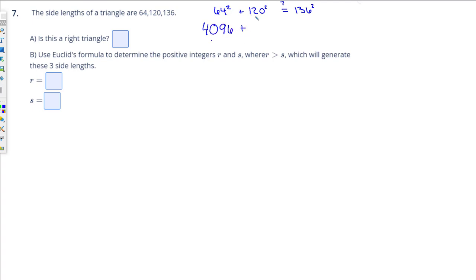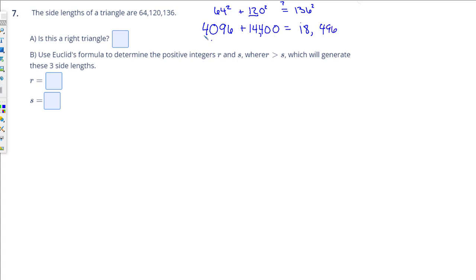4,096. 12 or 120 squared is going to be 12 squared plus 2 zeros, so 144, double my zeros. And then 136 squared is 18,496.